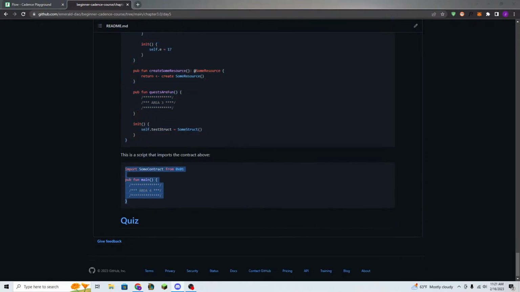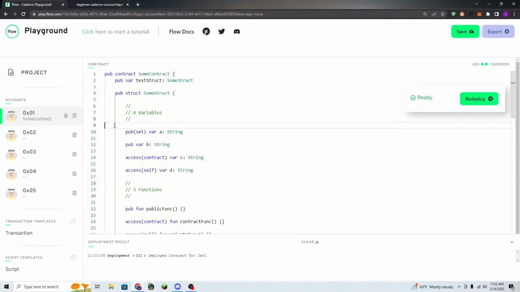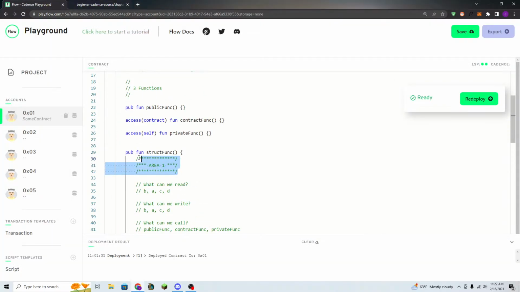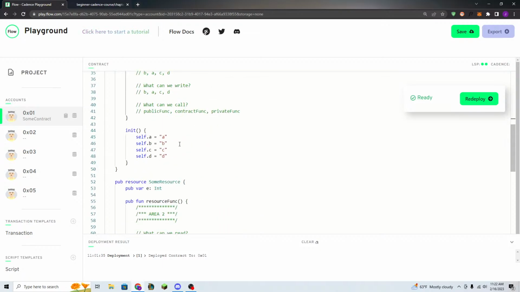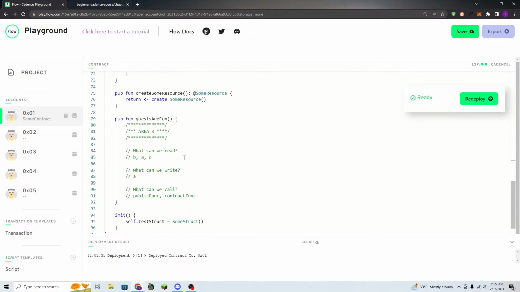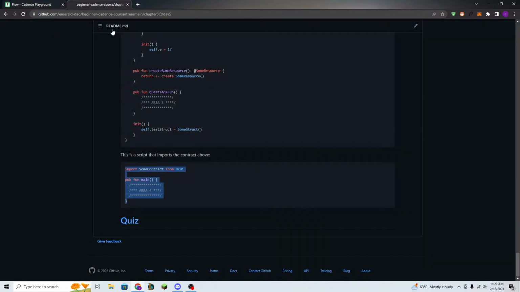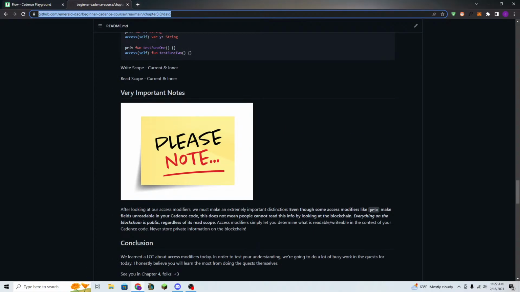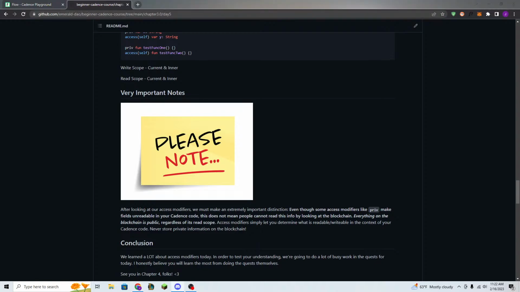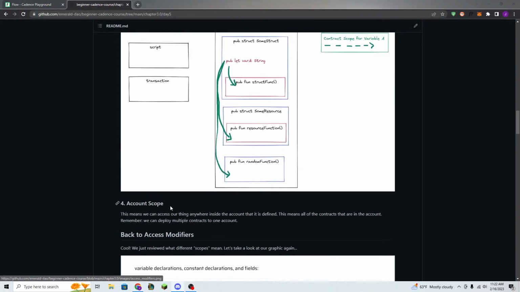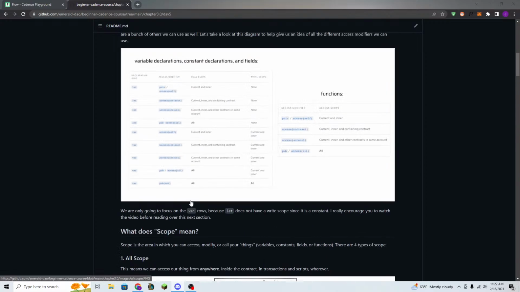But this time you're not going to have my help. So take like 10 minutes or so, and do the exercise I just did, but on your own. See if you can do it. And also, here is a really helpful cheat sheet that you should always use with scope.